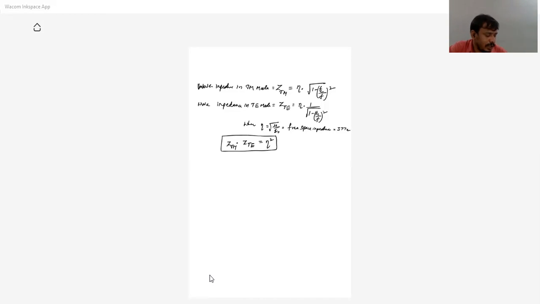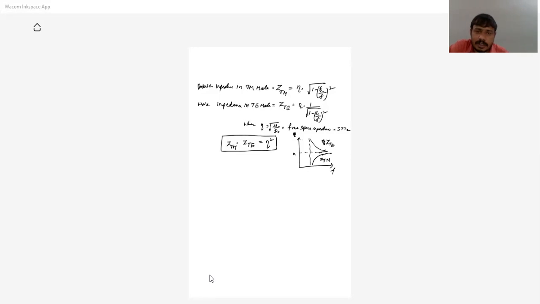Now, seeing this equation, we can say how the impedance varies with frequency. This is the graph we have: this axis is impedance and this is the frequency. ZTE decreases with increasing frequency, and ZTM increases with increasing frequency.